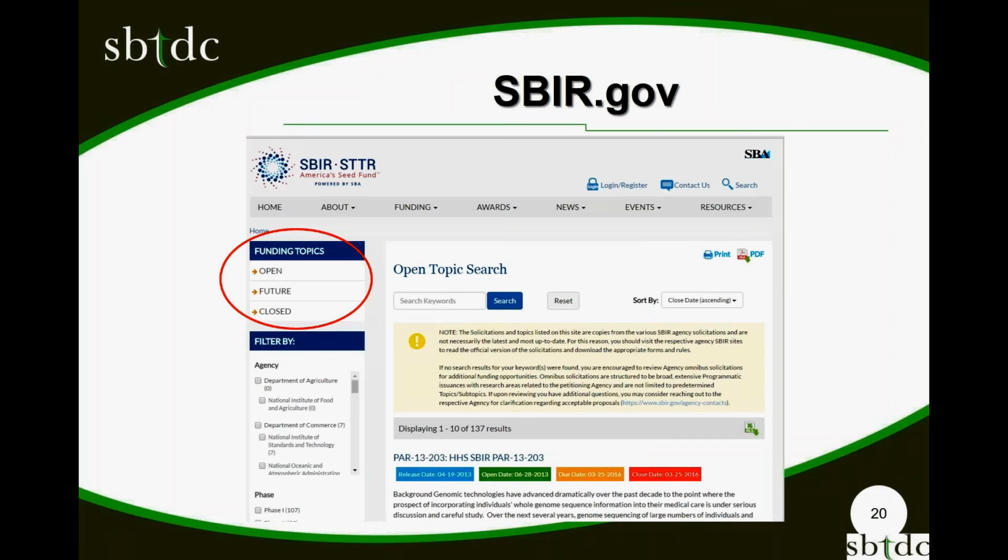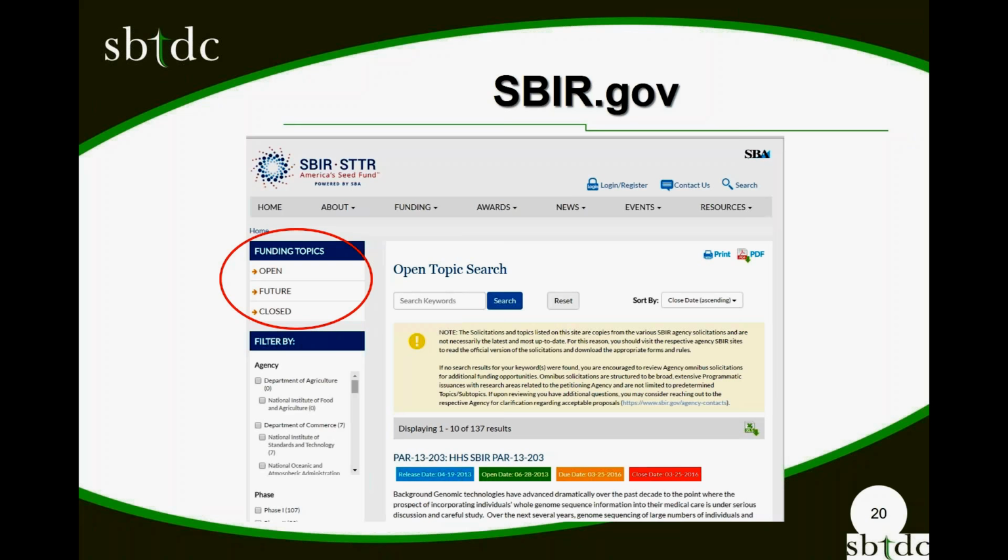A website called SBIR.gov is often a good first destination for you in your search for potentially matching solicitations. So here's a screenshot of the SBIR.gov solicitation search page.